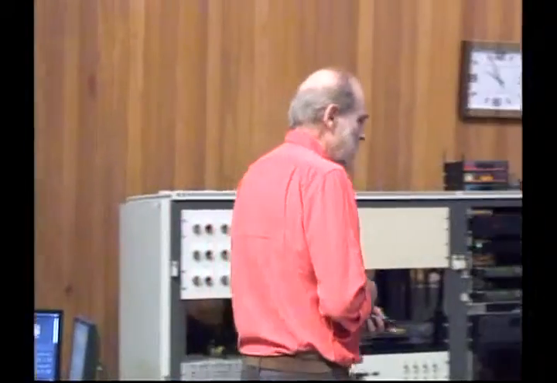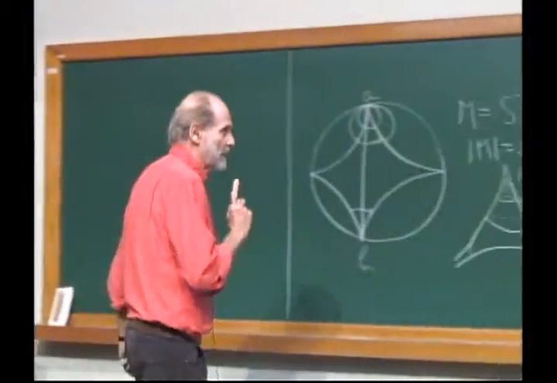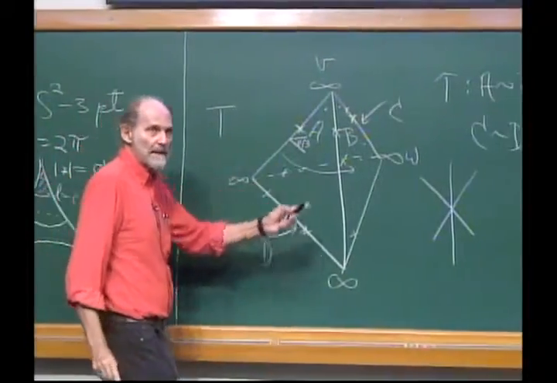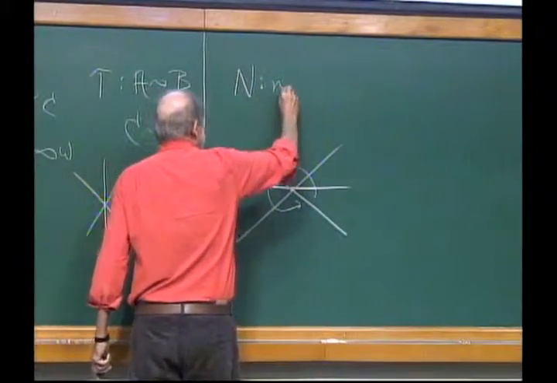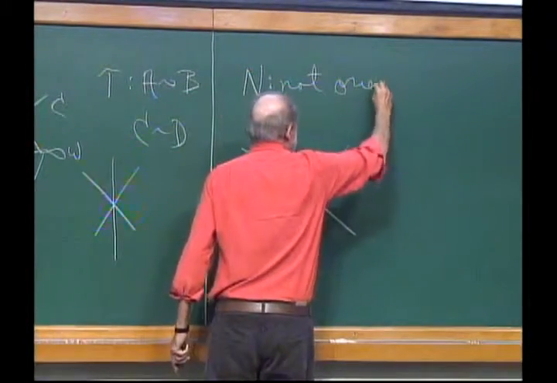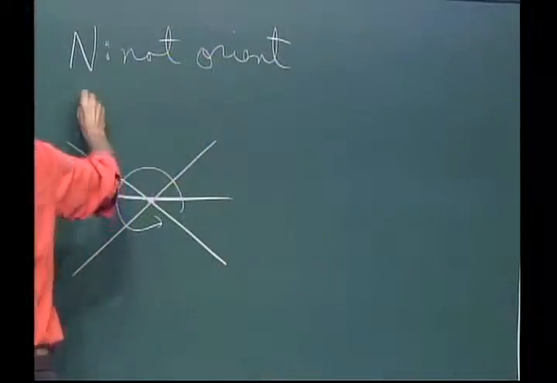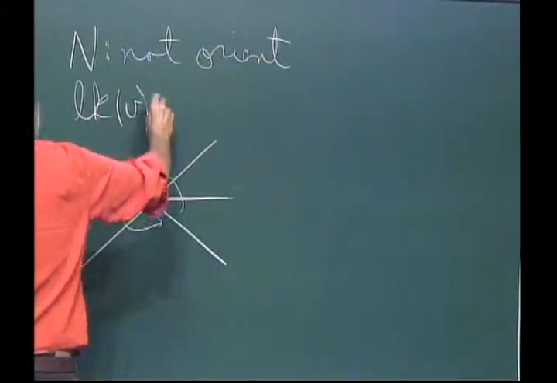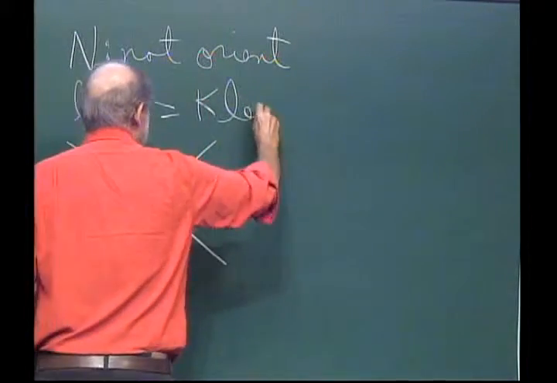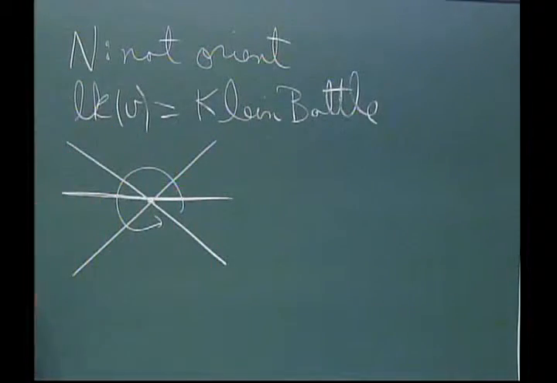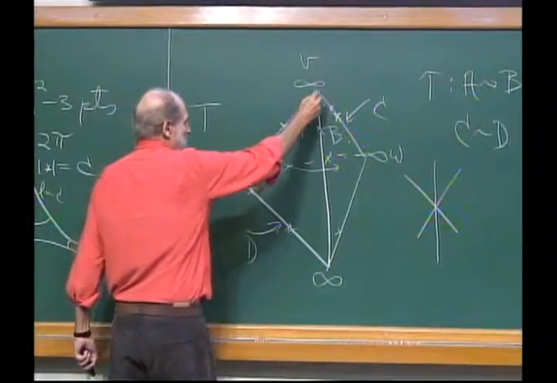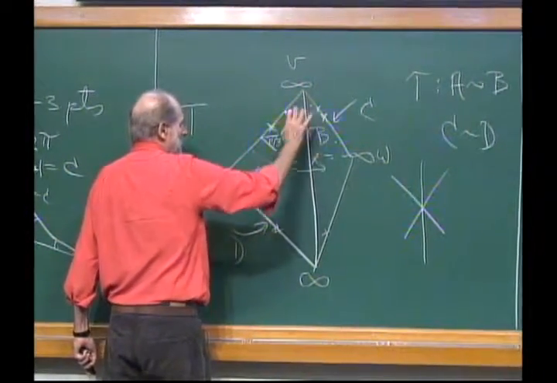Why does it have finite volume? Well, let me make one remark about this manifold. Call this manifold for the moment N. This manifold is not orientable. The link of the vertex V is a Klein bottle, and it's not hard to see. Here's the vertex V. Think of a horosphere intersecting this tetrahedron.